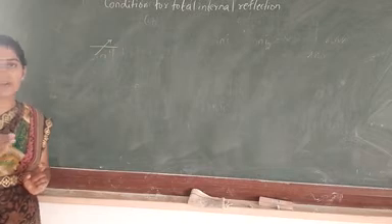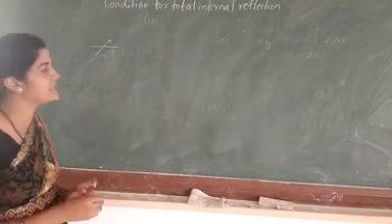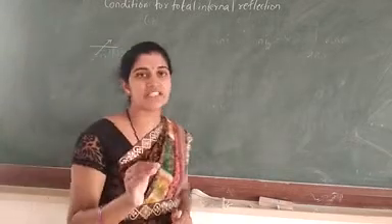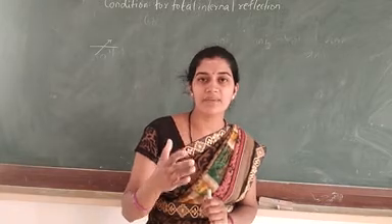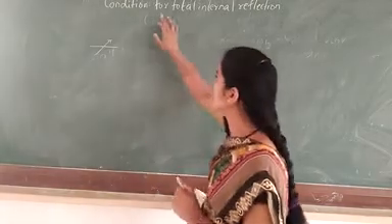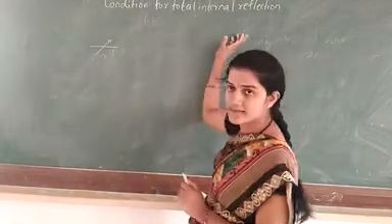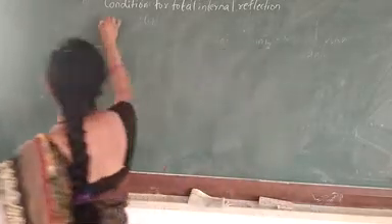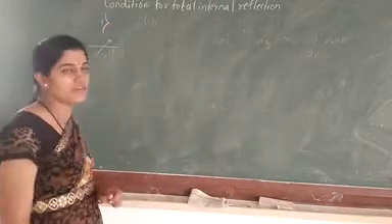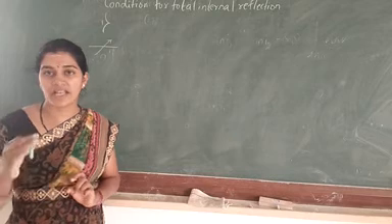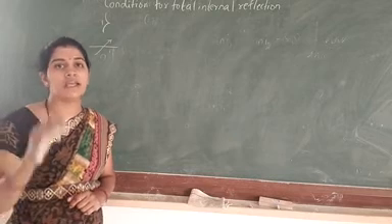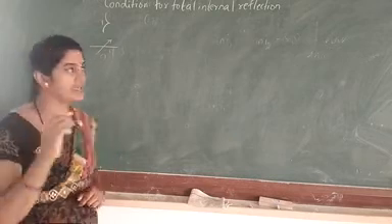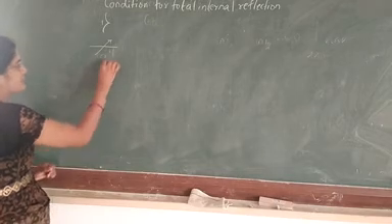When a ray of light passes from the denser medium to the rarer medium, this is the first condition for total internal reflection.